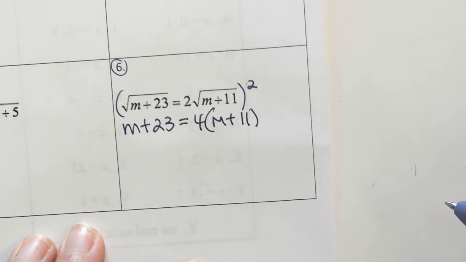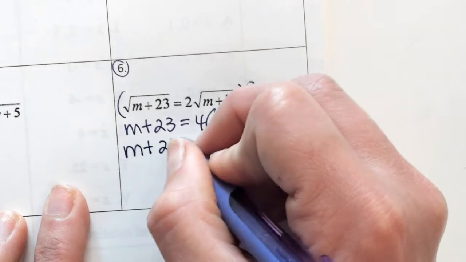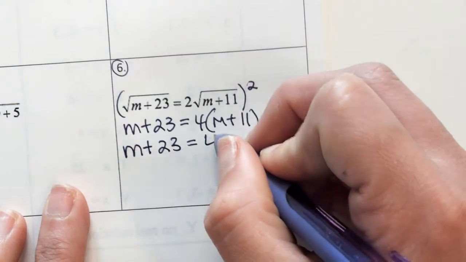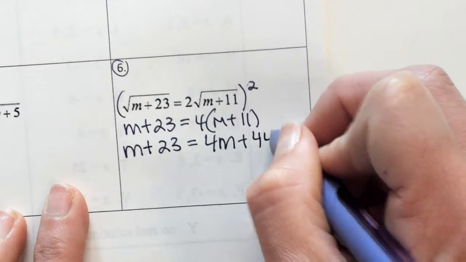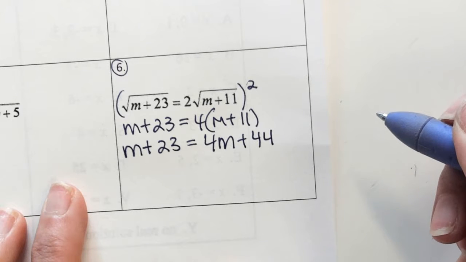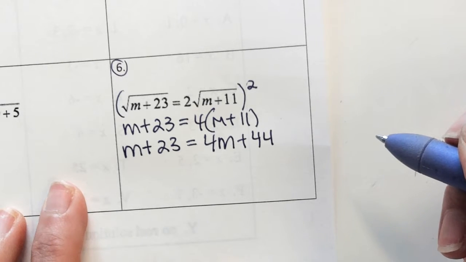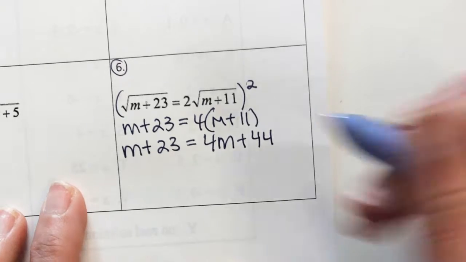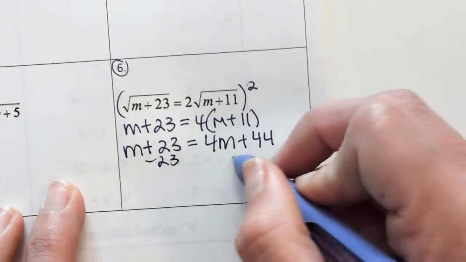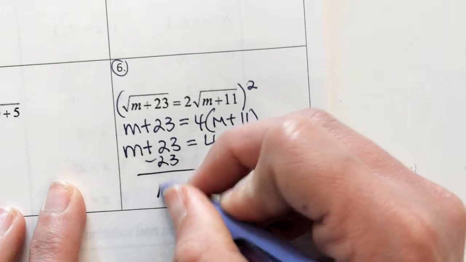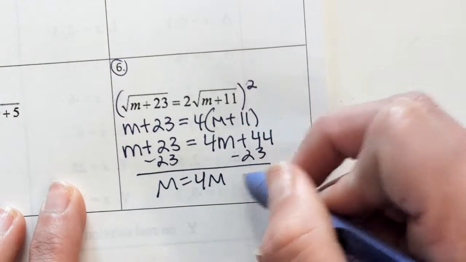Next. So m plus 23 equals... Alright. Next. Okay. Subtract 23. That'll give us m equals 4m plus what?